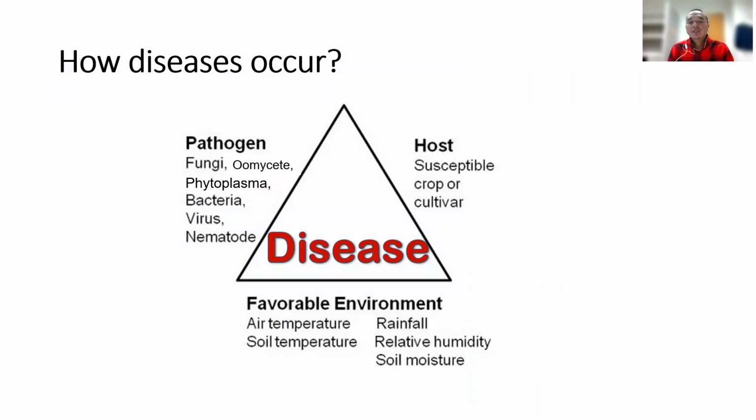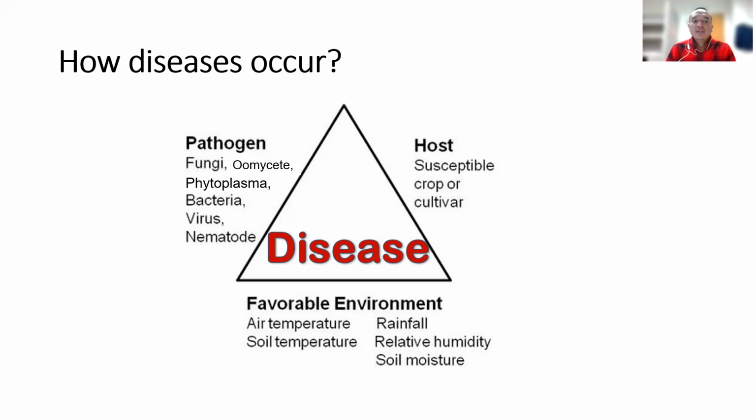This concept basically talks about three important factors that have to be present in order for a disease to occur. These three aspects include virulent pathogens, pathogens that have the ability to infect, colonize, and cause disease on plants; susceptible hosts that can be infected or colonized by a pathogen; and favorable environmental conditions.